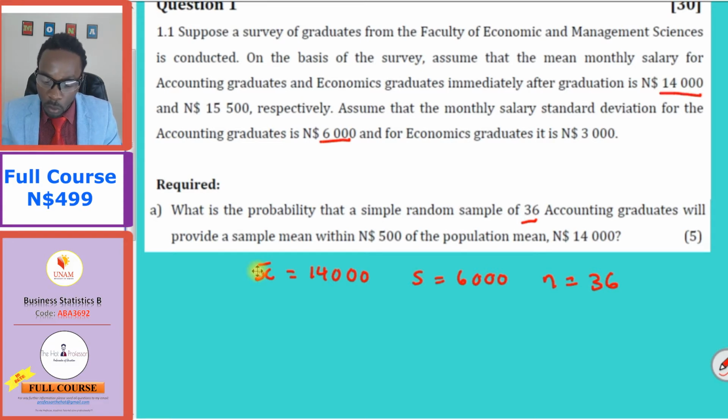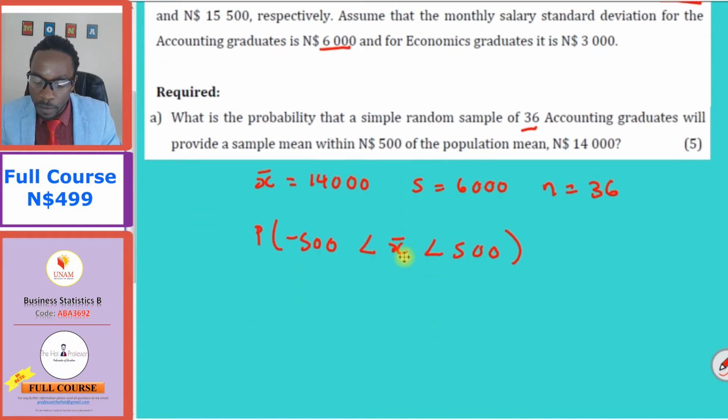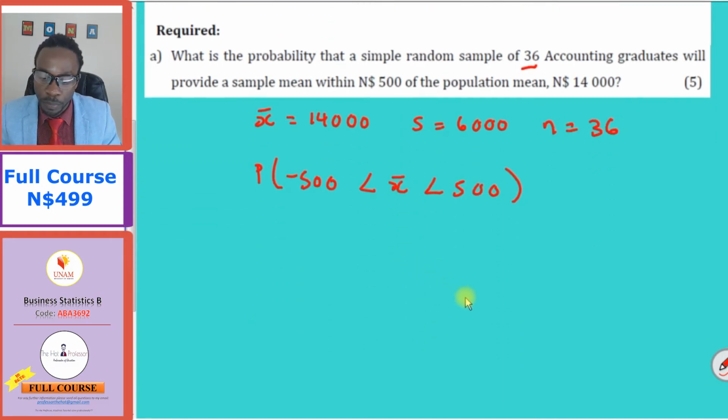Right. So what do we want? We want the probability of it being within 500. Within 500 means less than or equal to 500 on the positive side, so it means either 500 up or down.